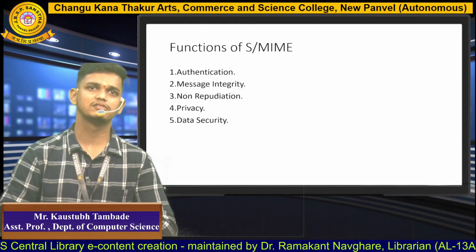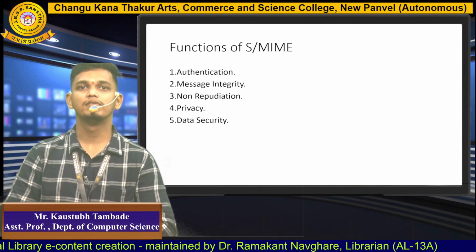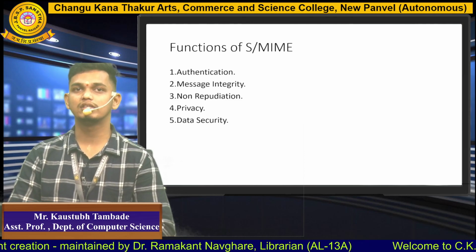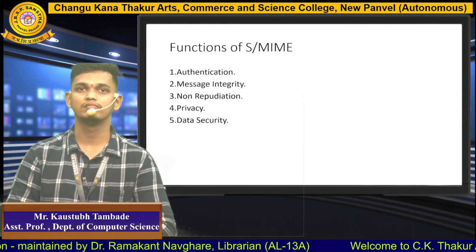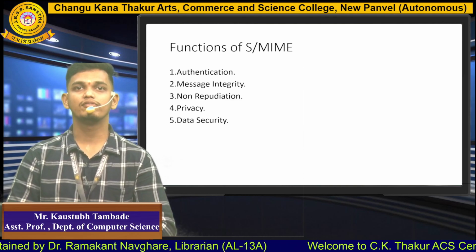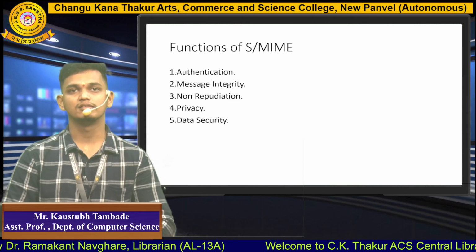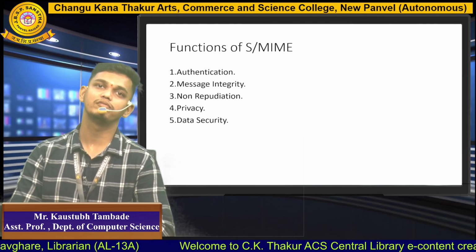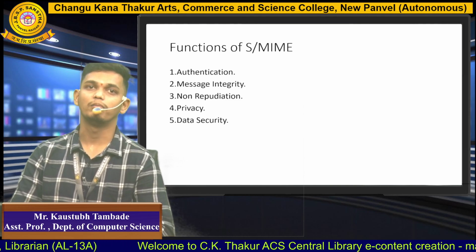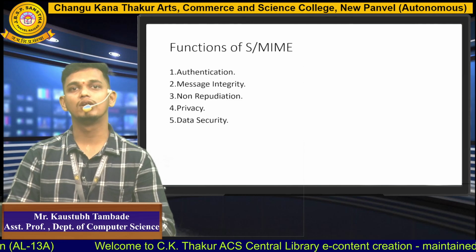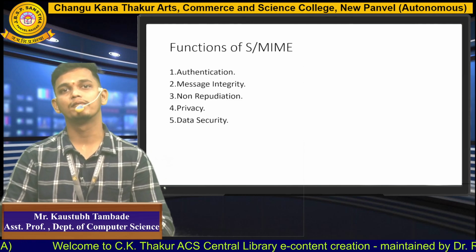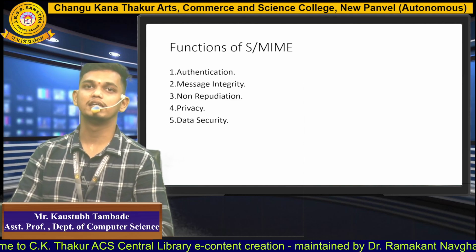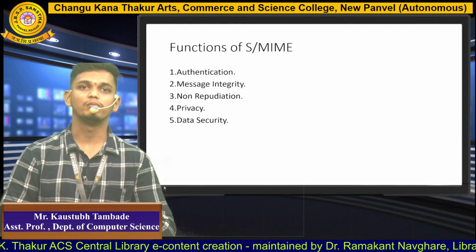Now we are going to see the functions of SMIME. We get authentication, message integrity, non-repudiation, privacy, and data security. Authentication means that if A sends a message to B, the message should be sent to B without any modifications, and only that message should go to B. Message integrity means data should be in secure form.